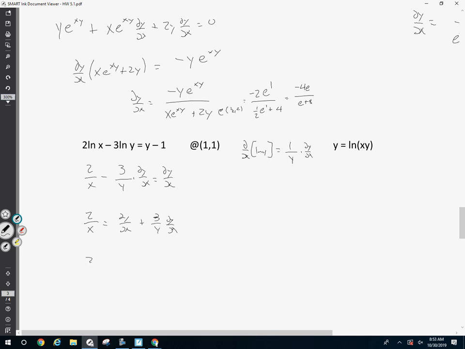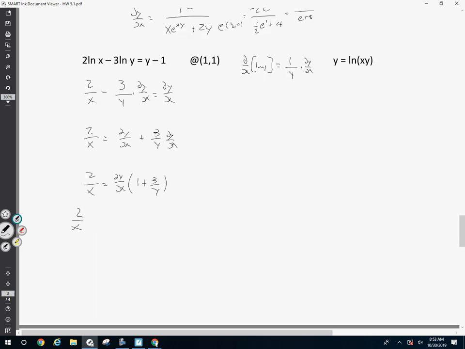Factor out. Divide to solve. At 1, 1. Cool. 2 over 1 plus 3, 1/2.